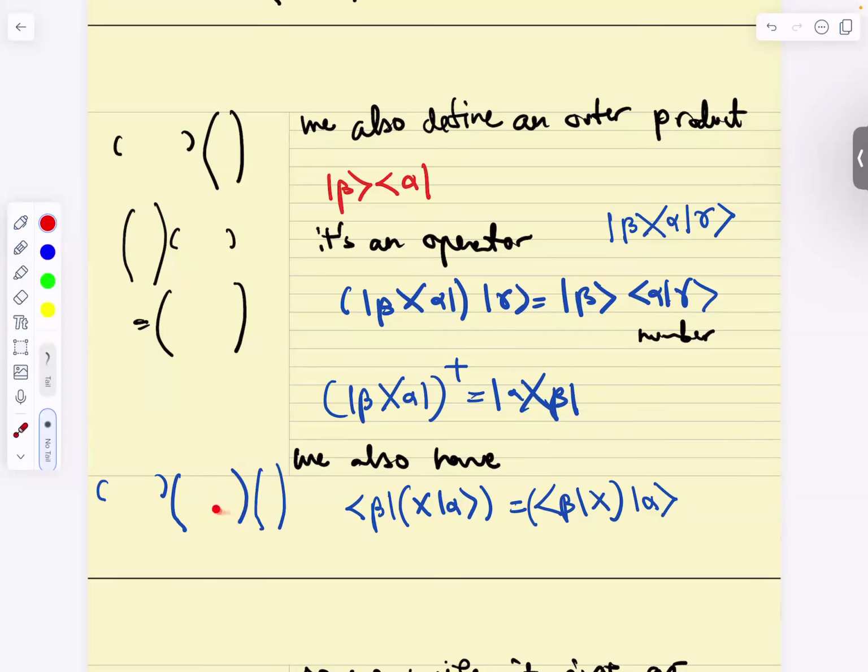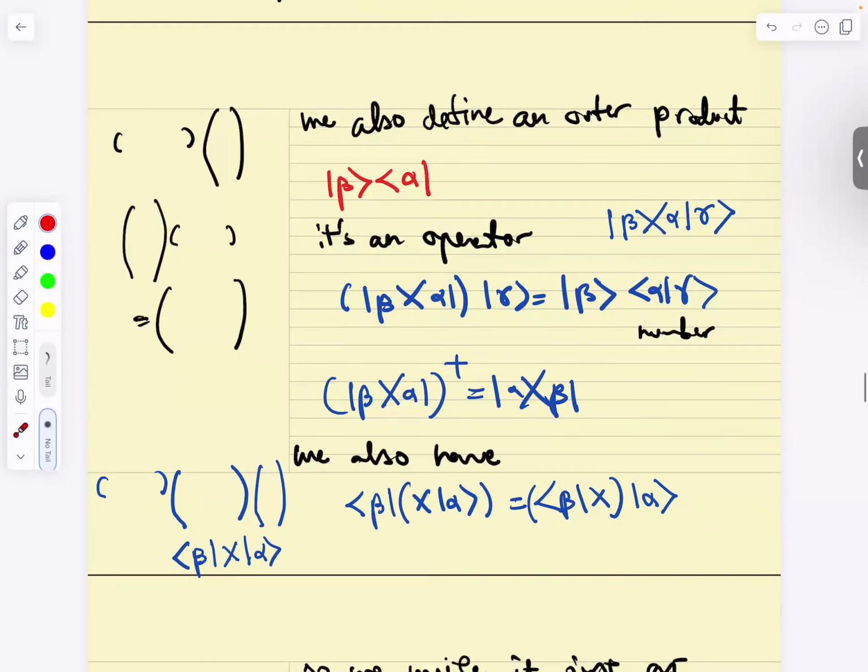I can view it as this operator acting on the right and then taking the inner product, or acting on the left and then taking the inner product, right? Therefore, I'm just going to represent it this way. I have the choice of making this act on the left or acting on the right. Good.